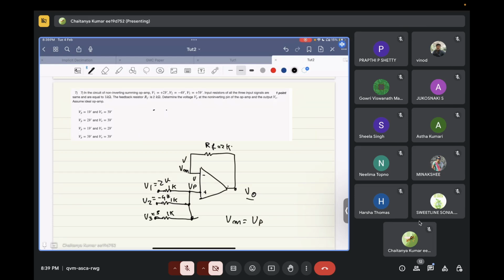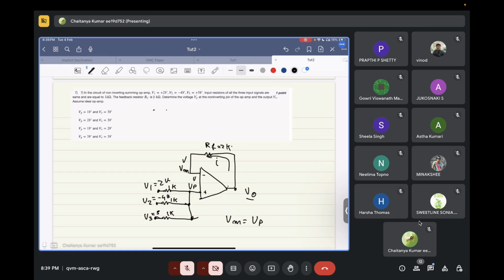And what is V naught equal to? Guys, what is V naught equal to? Will there be any current flowing in this direction?